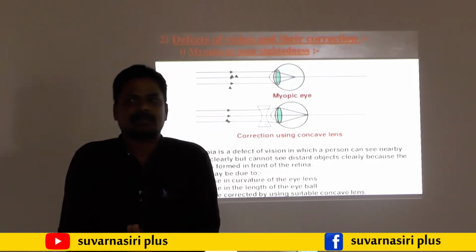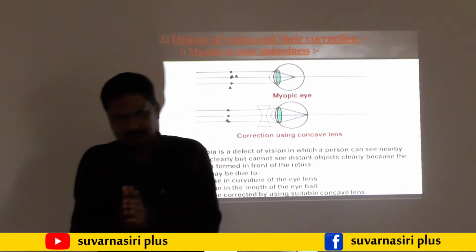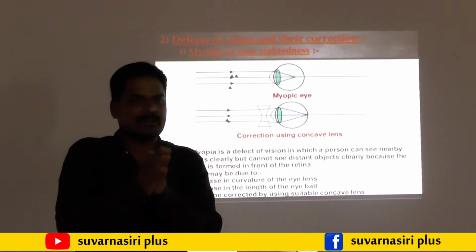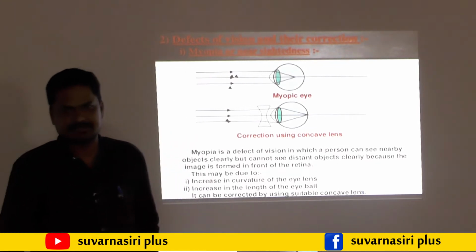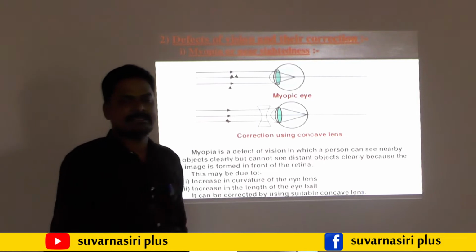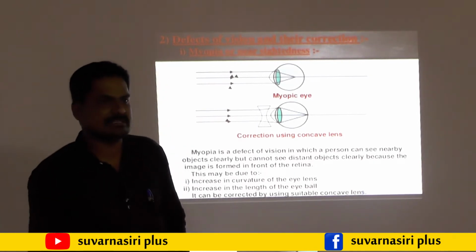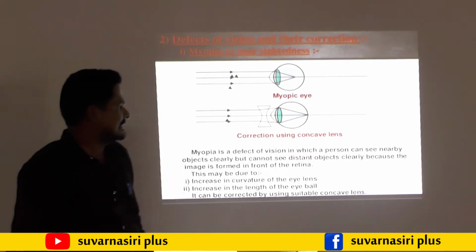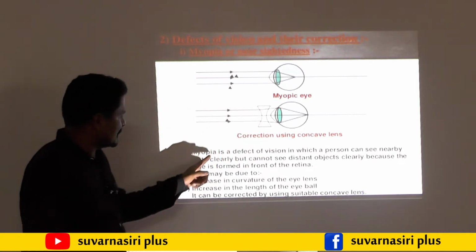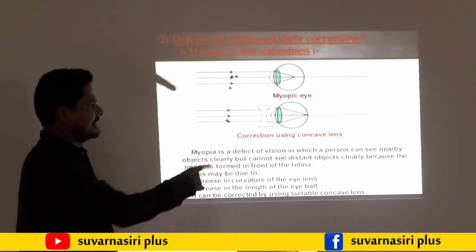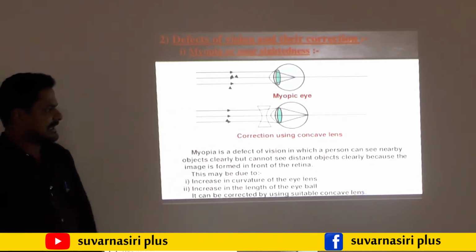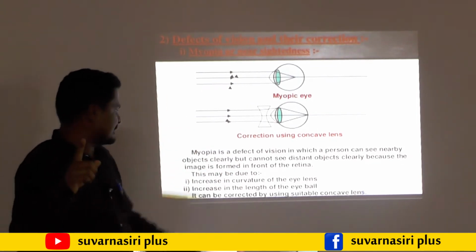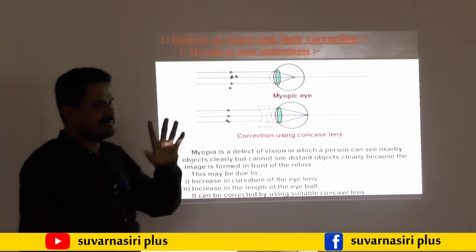Dear students, nearsightedness means, as the name itself indicates, a person is able to see near objects very clearly, but cannot see far objects clearly. Myopia is a defect of vision in which a person can see near objects clearly, but cannot see distant objects clearly because the image is formed in front of the retina.